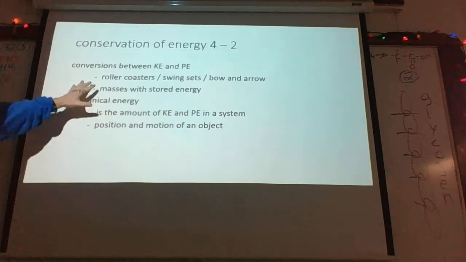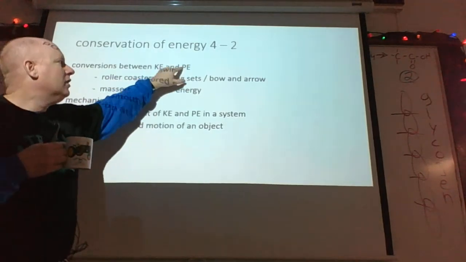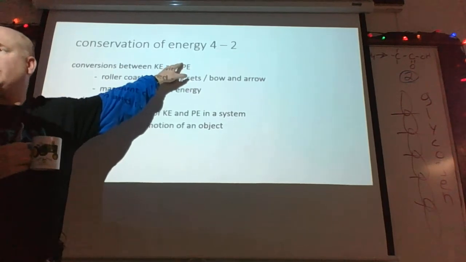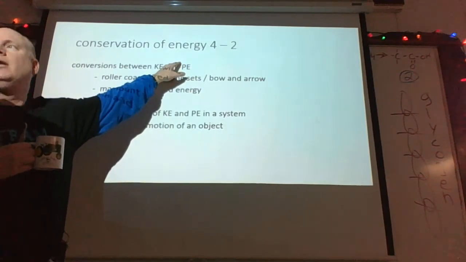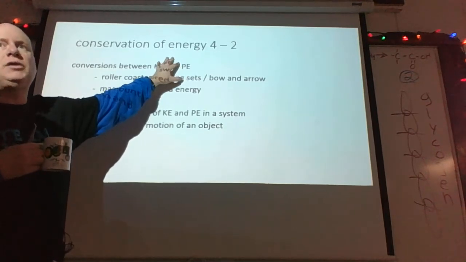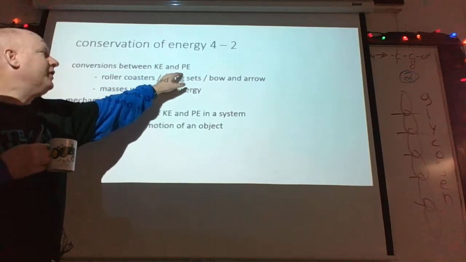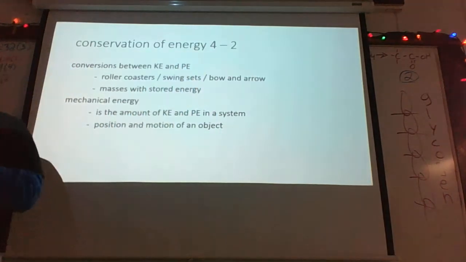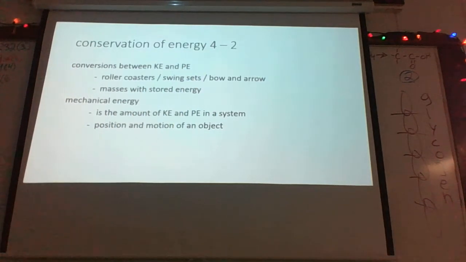So when this is at its highest, what's the formula for potential energy? Mass times gravity times height. Height or distance is usually associated with height. So when it's highest in the air, that's going to be a high number. But what about kinetic energy? Is that going to be pretty high or pretty low?